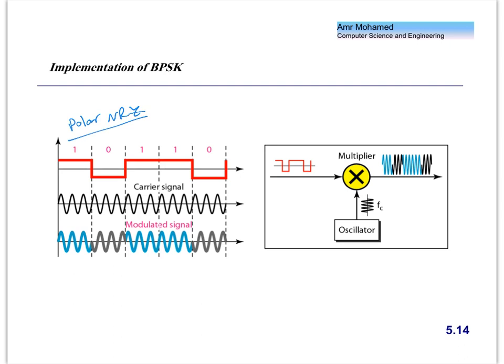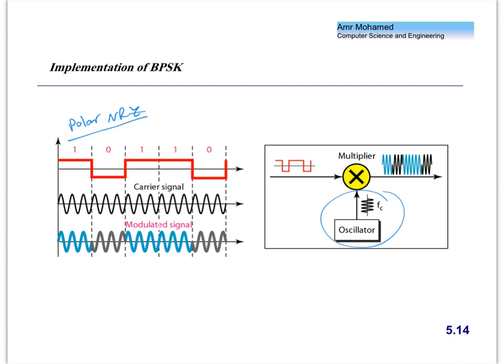For the case of binary PSK, we just need to represent the 0 as negative voltage, which is the polar NRZ. Other than that, the oscillator still generates one frequency, right? And then we multiply this by the polar NRZ, and our job is done. It's very easy. What if we want to represent more than one bit? That's next.